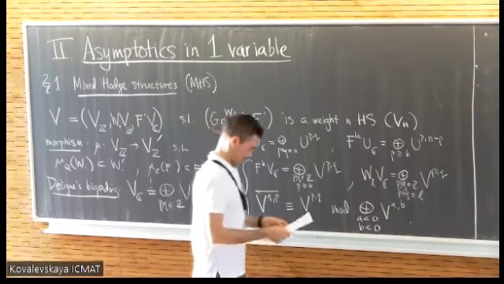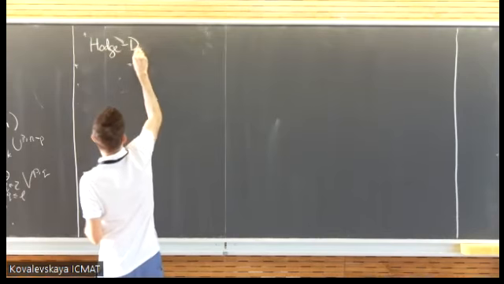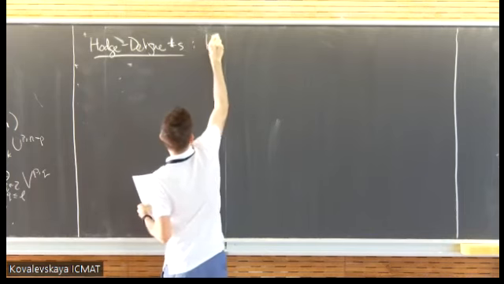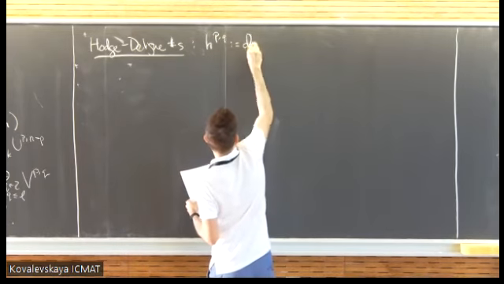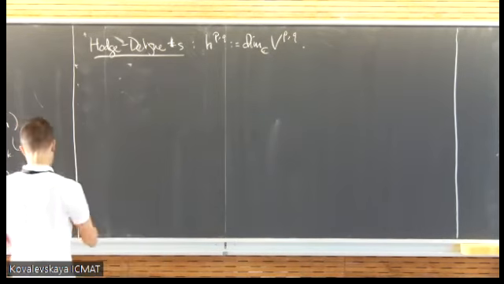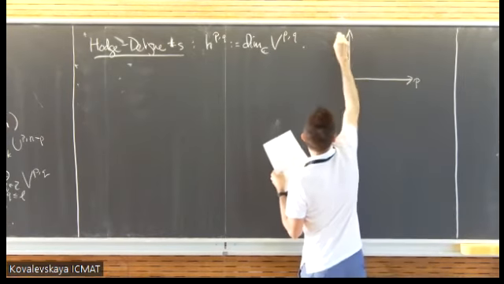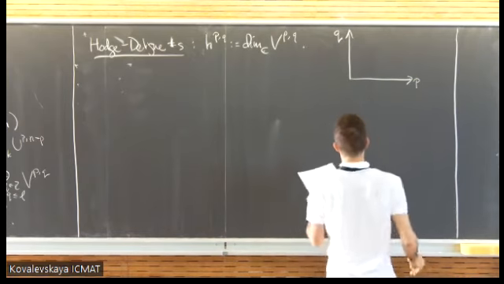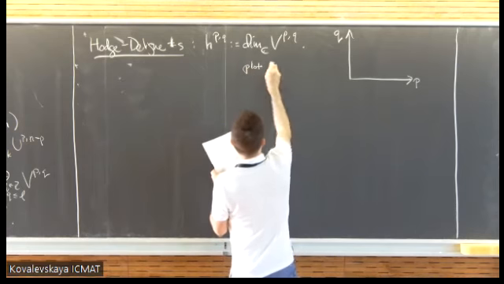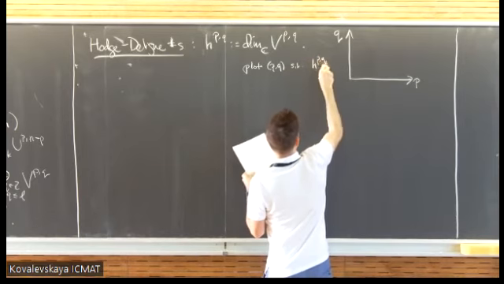It serves no one. Okay, so then we have Hodge-Deligne numbers. These are simply the dimensions of the VPQs. And I can make a nice little diagram. Put P in that direction and Q in that direction. And I'm going to plot those PQs such that HPQ is not equal to 0.